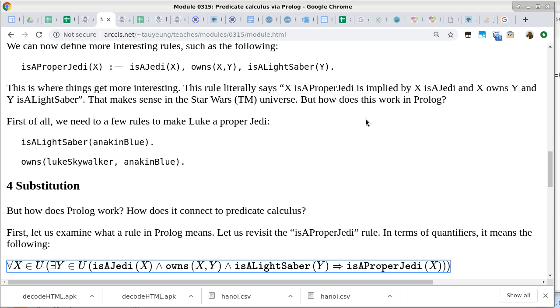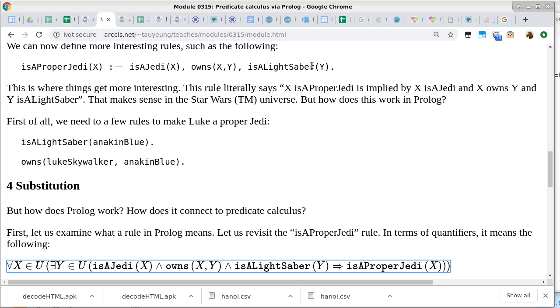But that's fine. Okay. So what is highlighted here is the usual logic representation or Boolean representation of this particular rule in Prolog. Do you see how x is using a universal quantifier? For all x in the universe, there exists a y in the universe. So I don't need y to be universally quantified.